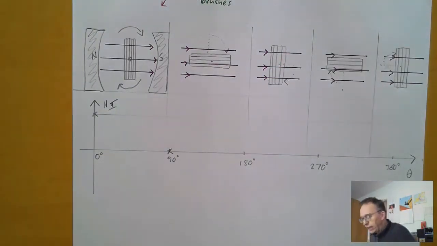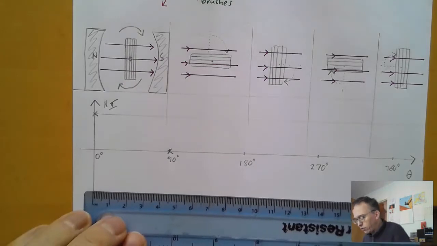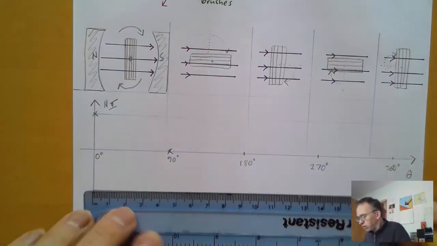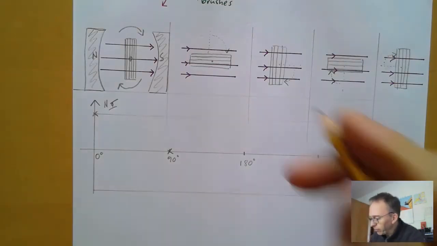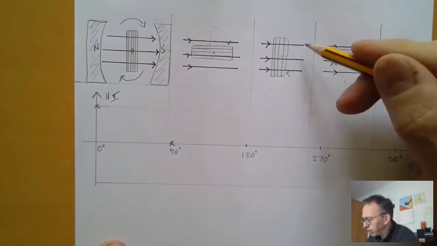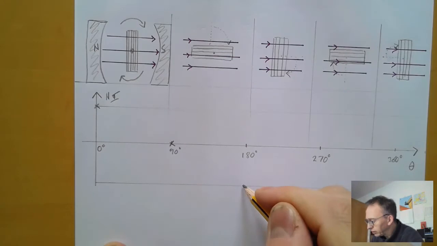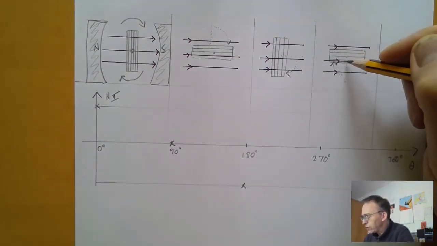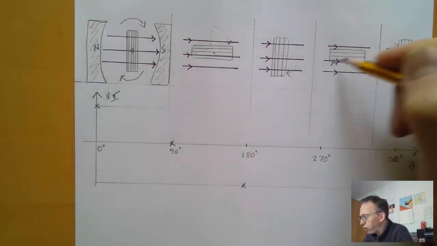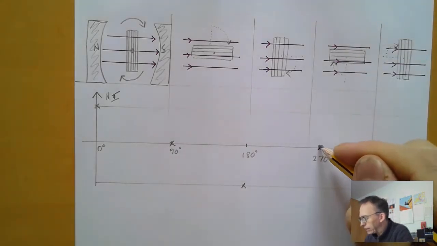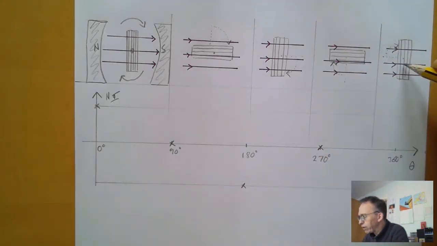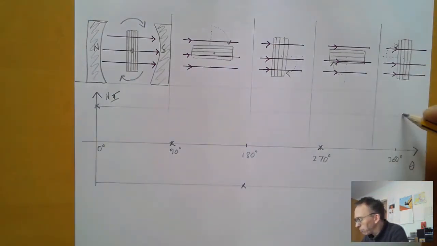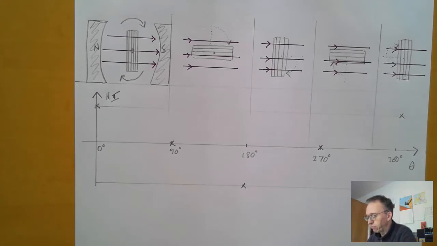So although the flux linkage is maximum, we have to indicate it as negative. That might freak you out. I know it's freaking me out. There. Okay. At 270 degrees, we're horizontal again, and flux linkage is back to 0. And at 360 degrees, we're back to the starting position. Flux linkage is maximum and positive.